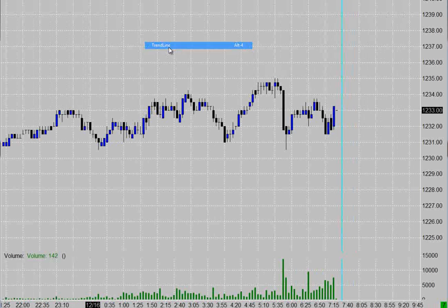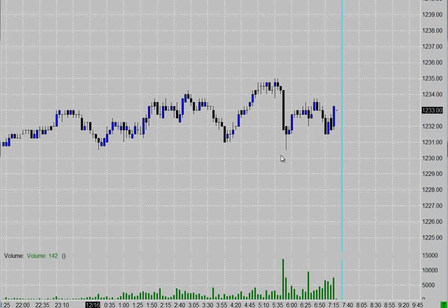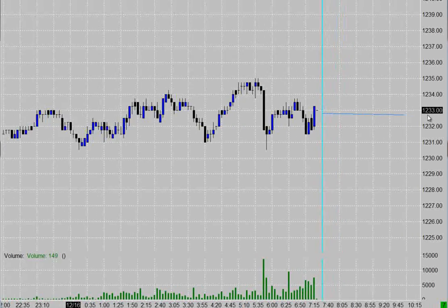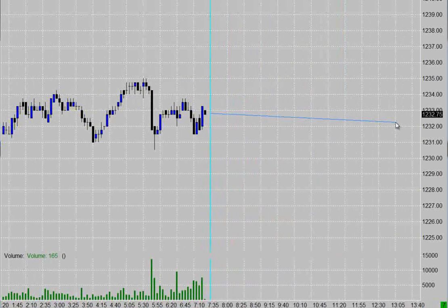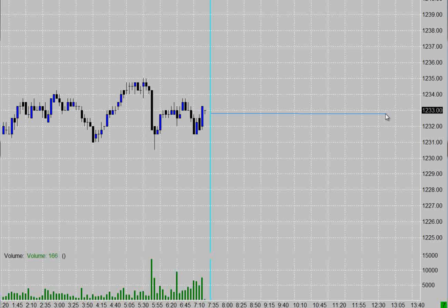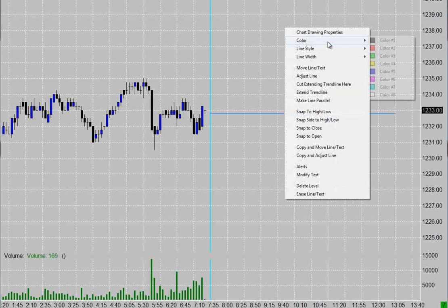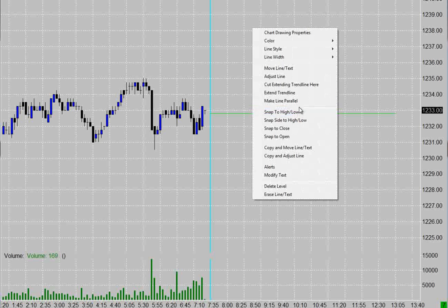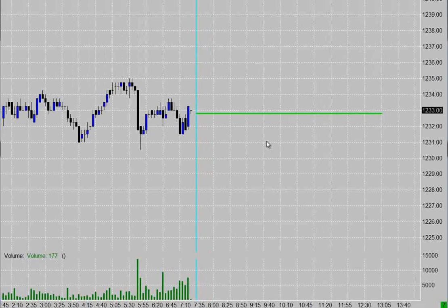And then, I believe it was 1232.75, so I'm going to draw in our line. This is our bounce line. I'll change the color and the width. So there's our bounce line.